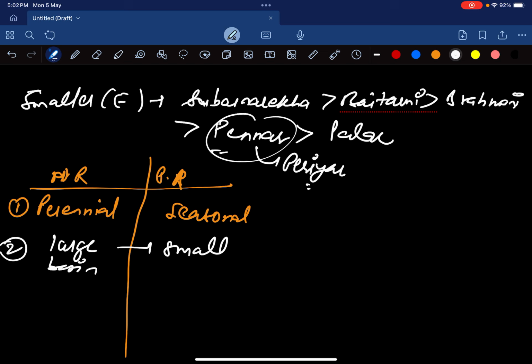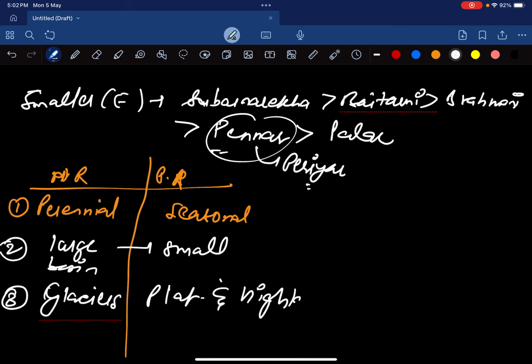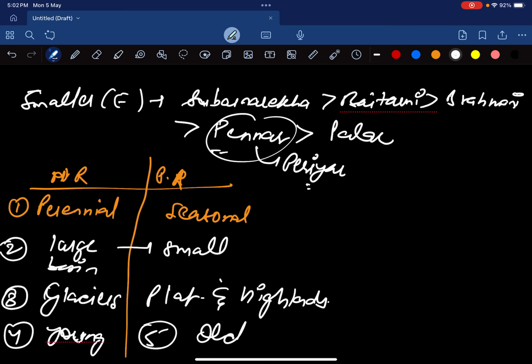We have already seen how many smaller rivers are there. Those are in the peninsular block. Third, usually they have an origin from the glaciers, and for the peninsular rivers, these are the plateaus and highlands. Fourth, northern rivers are young. The peninsular rivers are old.